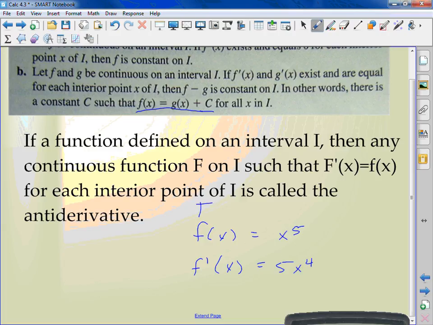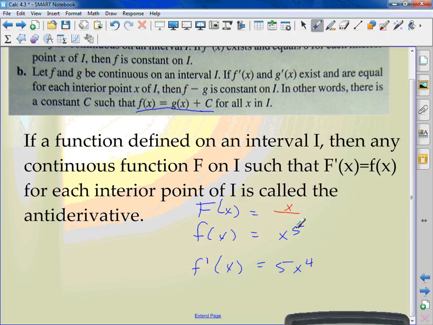So I'm going to find f of x. What did I really do here to go from x to the fifth to 5x to the fourth? What do I do to find the derivative? Put the exponent out front. So what's the exponent doing? Multiplying. So if it's the opposite, it would be dividing.